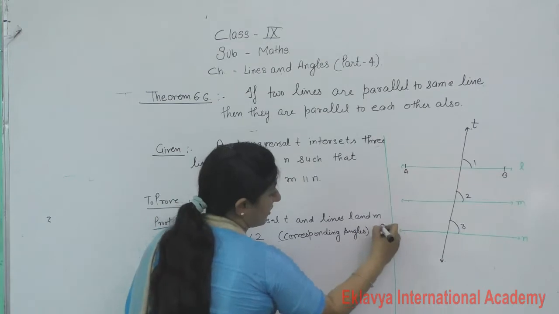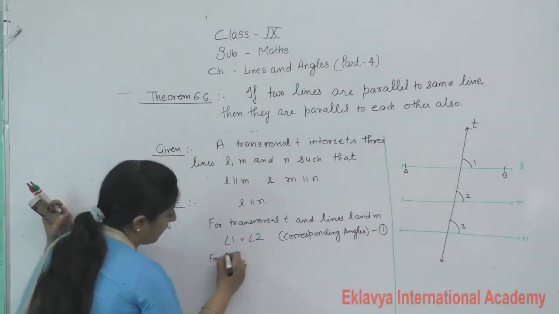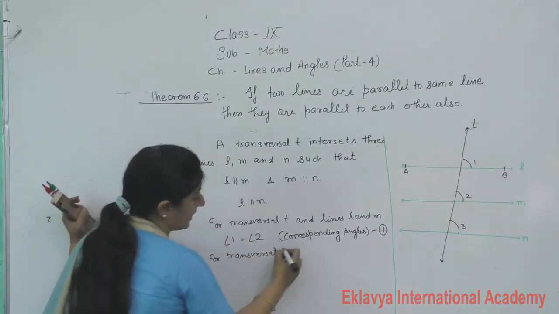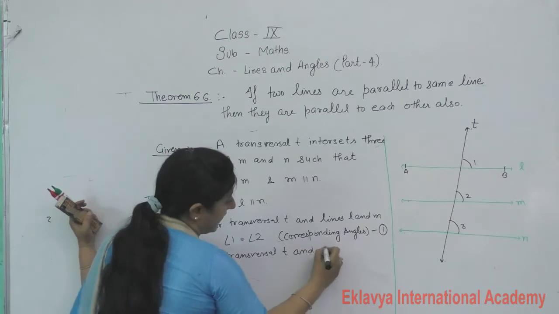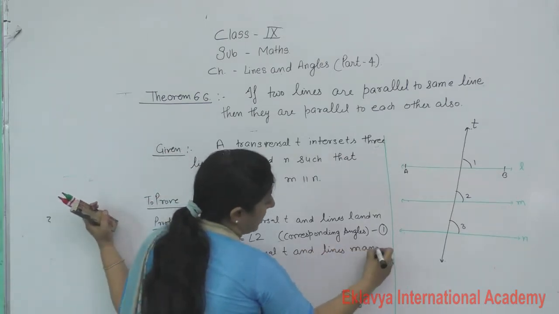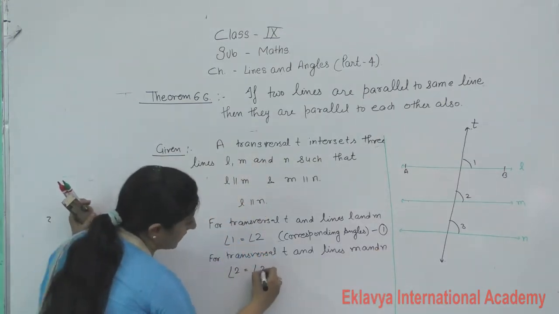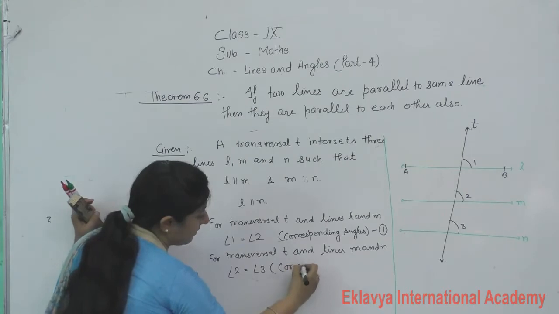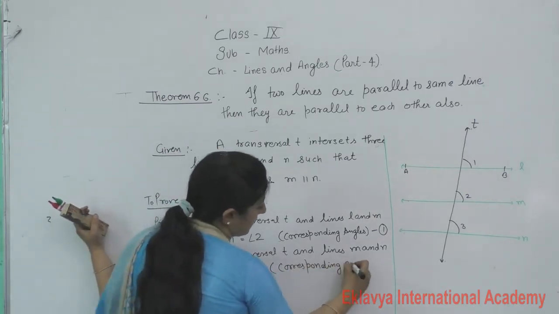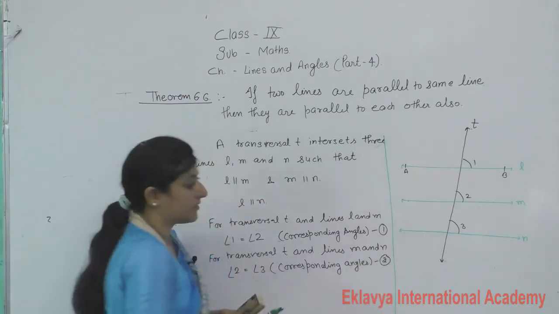This is equation first. Second, for transversal T and lines M and N, angle 2 is equal to angle 3. Reason same, corresponding angles. This is equation second.